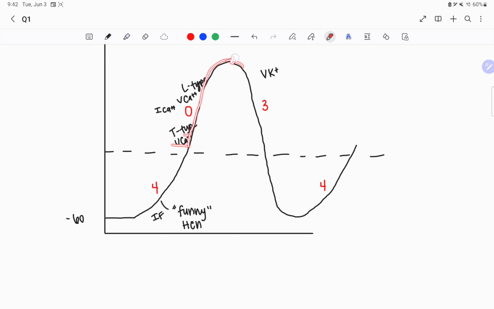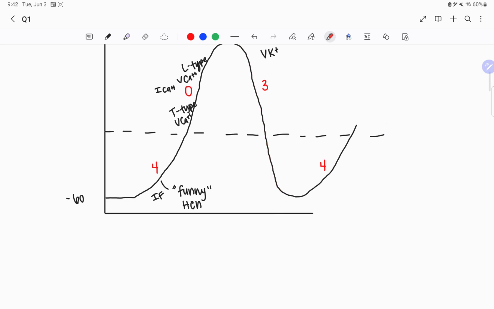We reach the peak, right? Those calcium channels then close, and we have a voltage-gated potassium channel that opens up, and then we start to repolarize. Okay, so as you can see here, there's only 3 phases to these nodal cells. We have phase 4, phase 0, and phase 3.